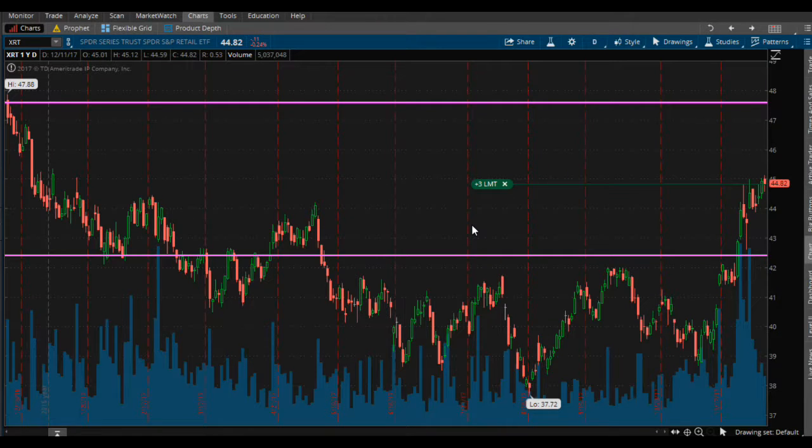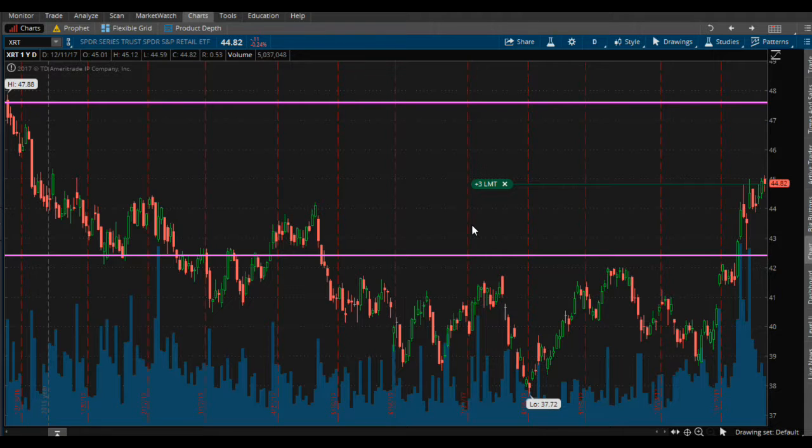And the last thing for this evening is we will look at our XRT chart. The pink lines represent our break evens, and so we see two primary things that I want to talk about here. First, we have plenty of room for the security to continue its rise on the upside. I think that we're either going to see it decrease or we're going to see the security just stay range bound here, and so I really like the fact that we have so much room to the upside.